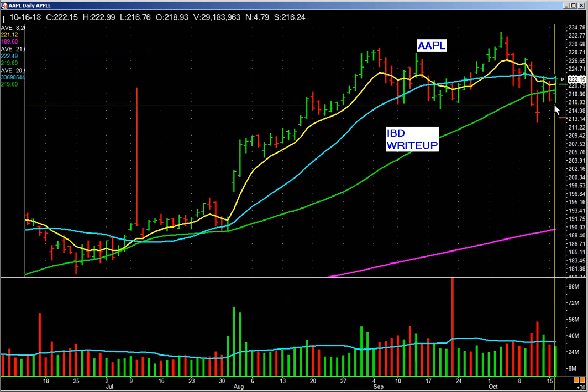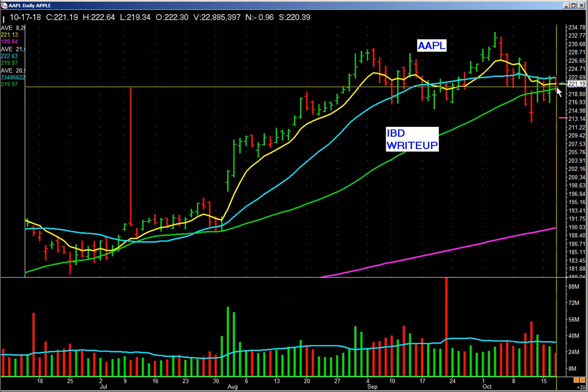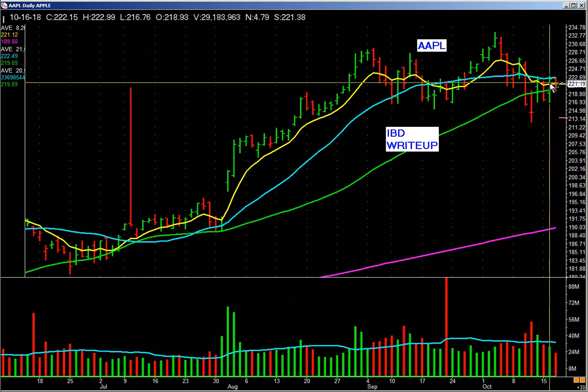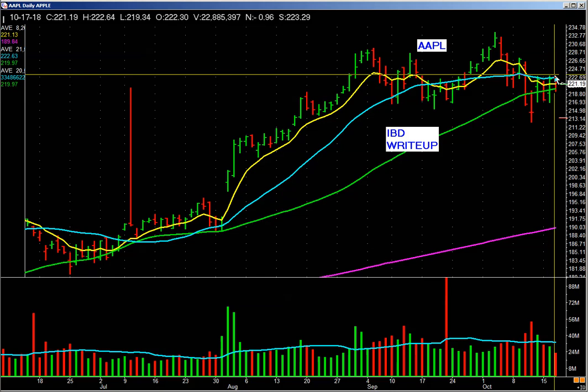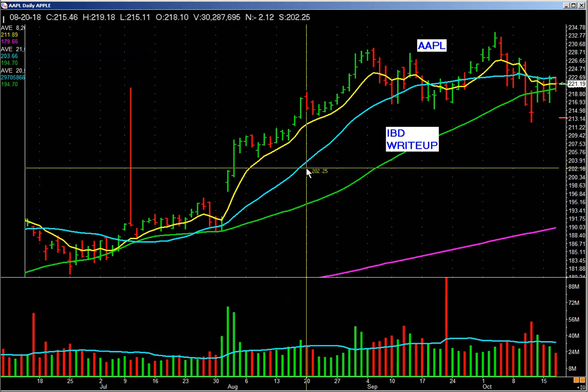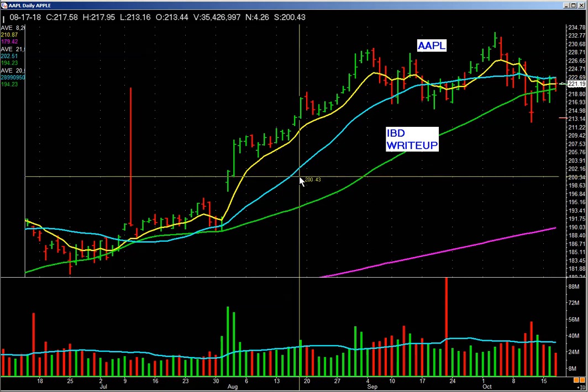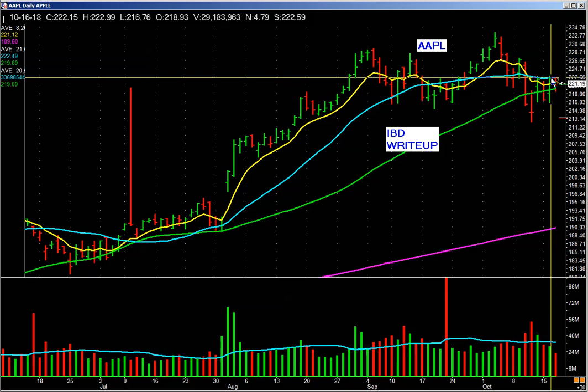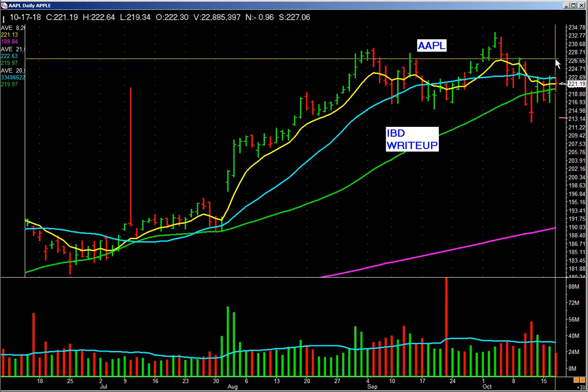So let's advance it one day, and we're going to assume that on this day it did take out the highs, and we bought it at 223 or 223.10. Several things that we want to see. Number one, we want to see price action where it pushes above this price and continues moving above this price that day.